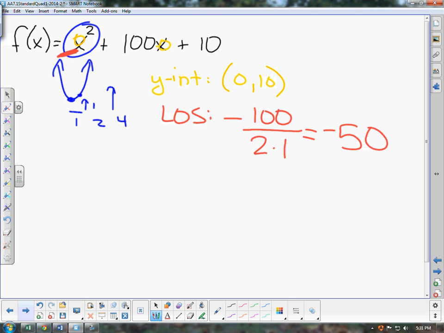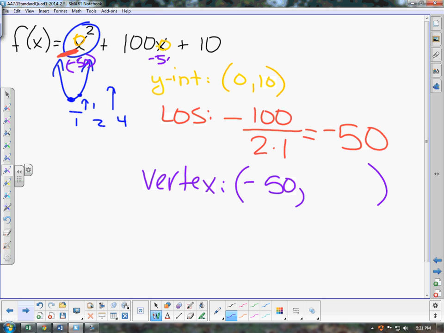And then finally, if you want to find the vertex, that x value would be a negative 50, and then to find the y value you would have to put in a negative 50 here and a negative 50 there.